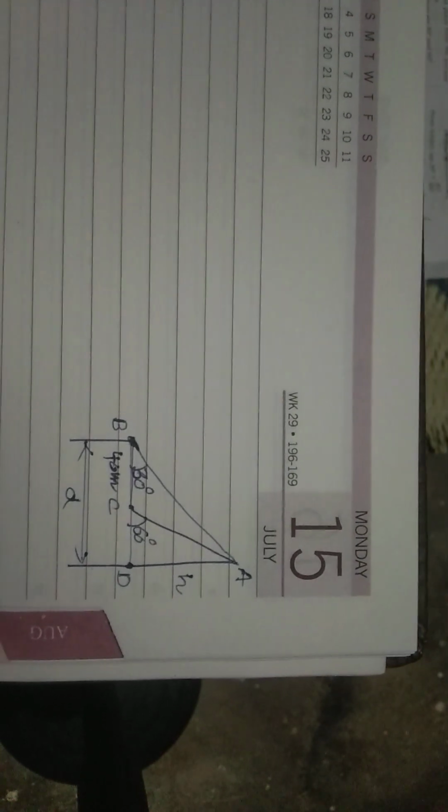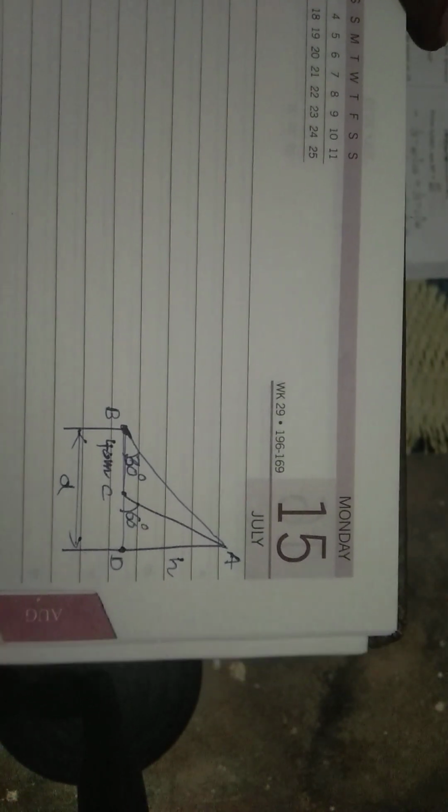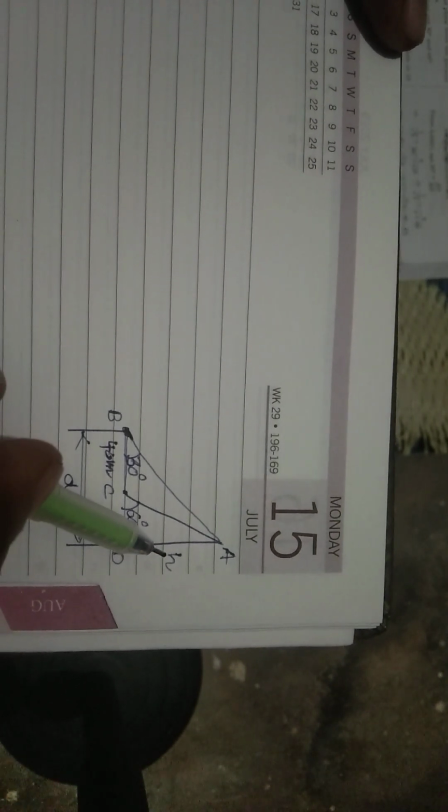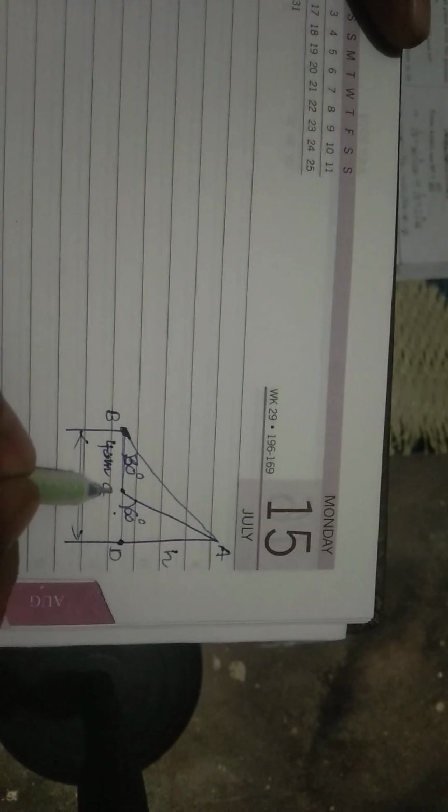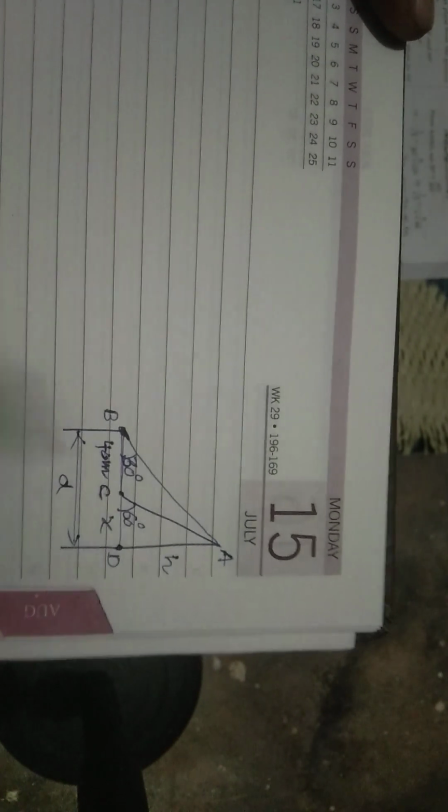So children, what we will do, first let us consider triangle ABD. Suppose the distance from point C to point D you consider as x.